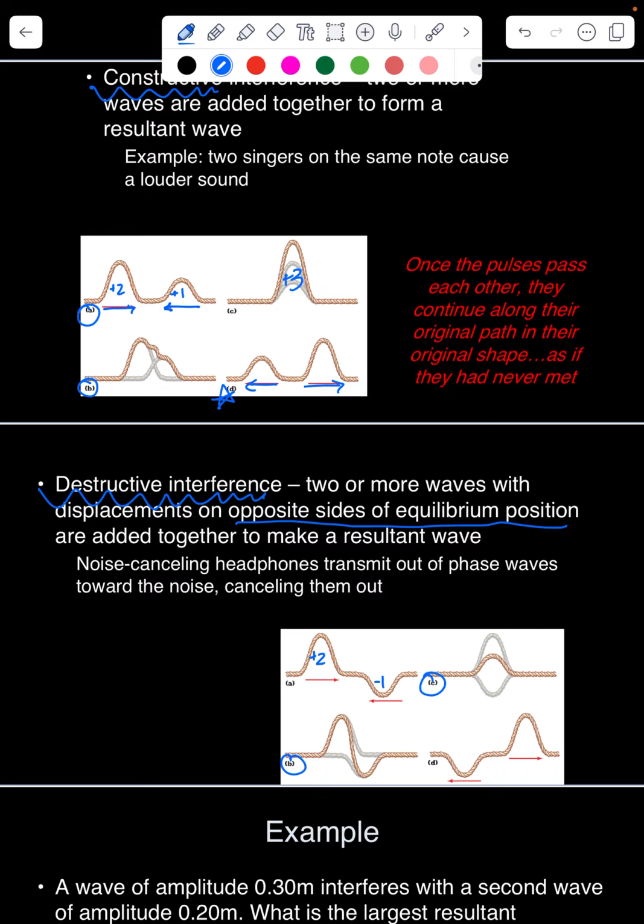If we combine a +2 with a -1, we form a +1. That new crest will be a crest because the crest was larger than the trough, but it will be a smaller crest than what we saw over here because of the negative. And once again, once they meet, they just continue on their own ways.